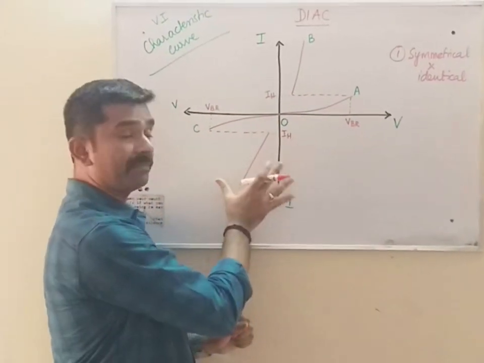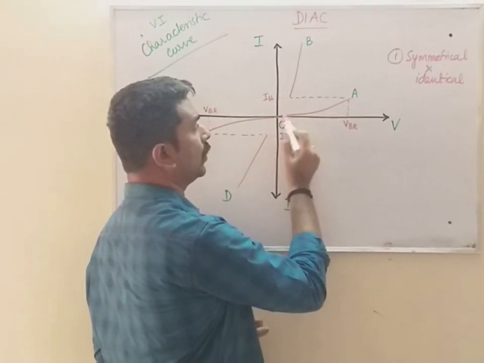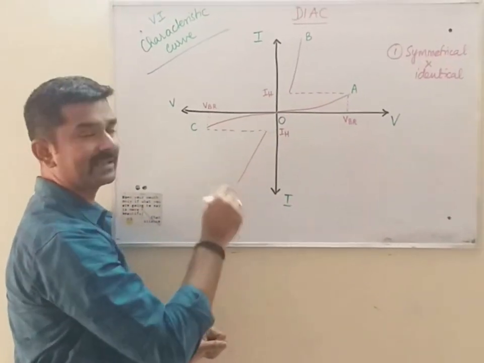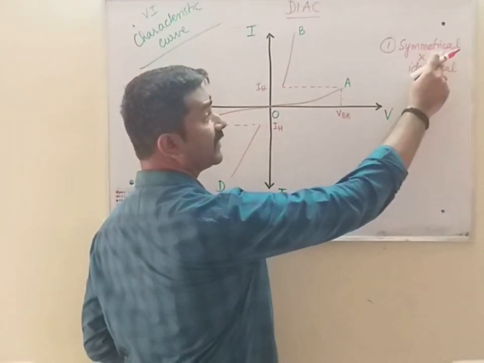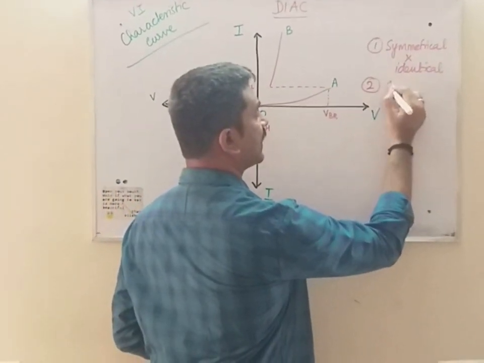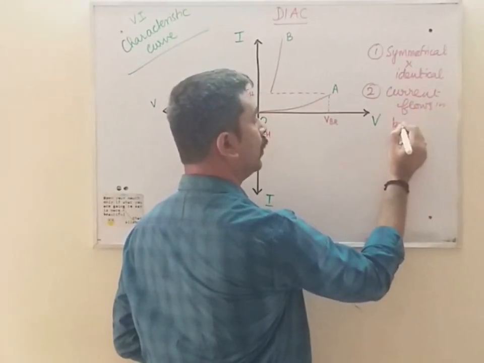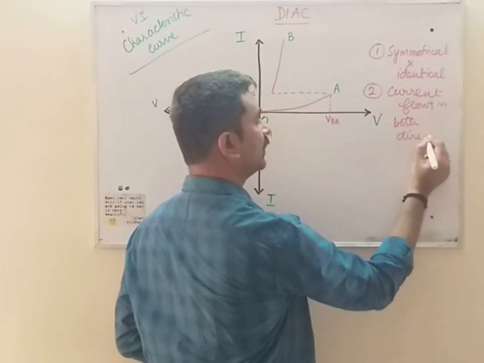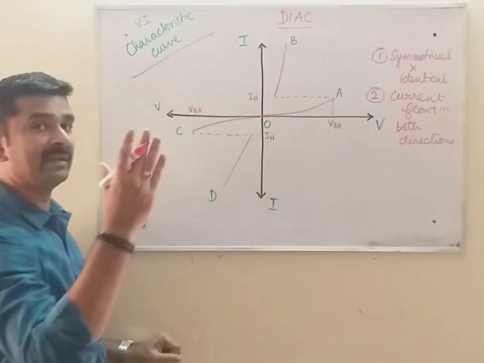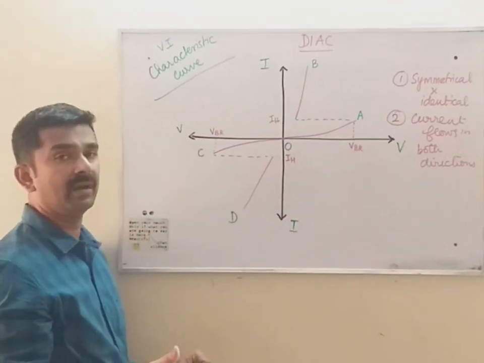So from the VI characteristics, when you name the curves OAB and OCD, you could understand that the curves are symmetrical as well as identical. The second point of inference is that the current flows in both directions, right? Even when MT1 is positive as well as when MT1 is negative when compared to your MT2.